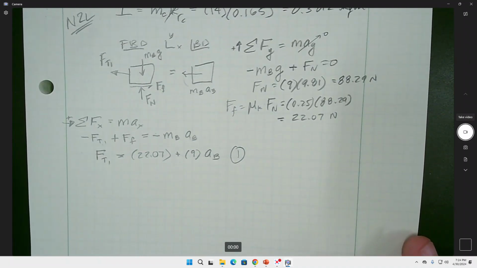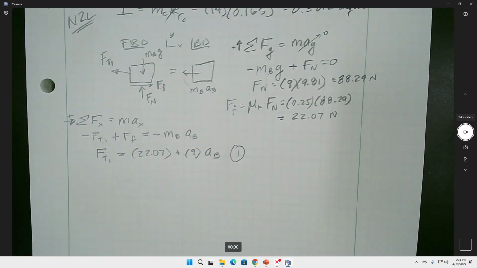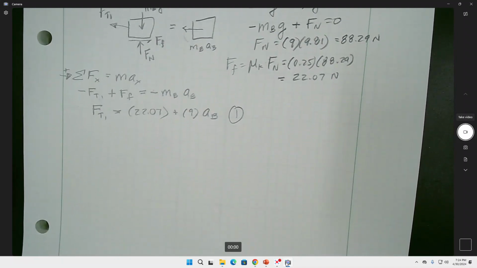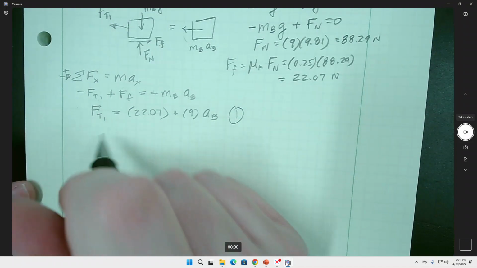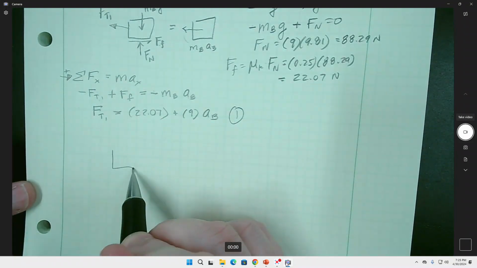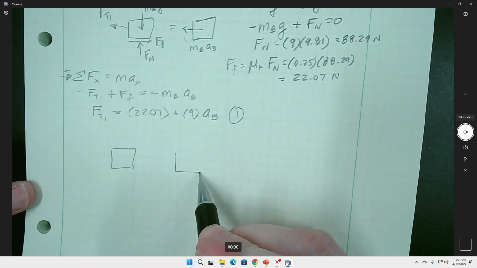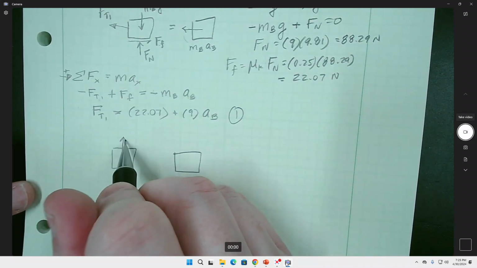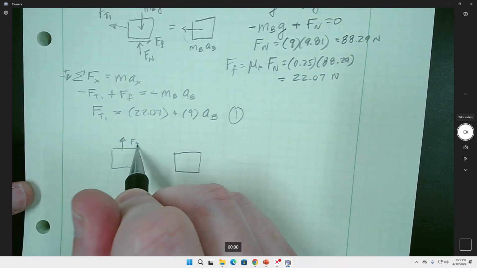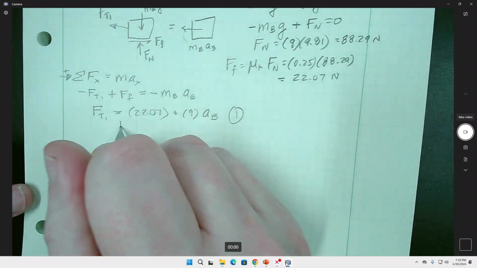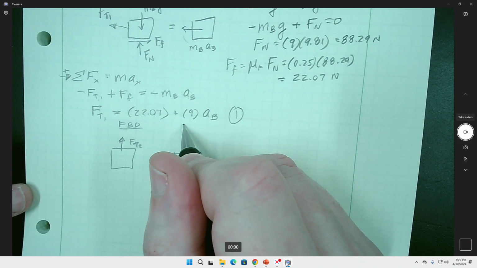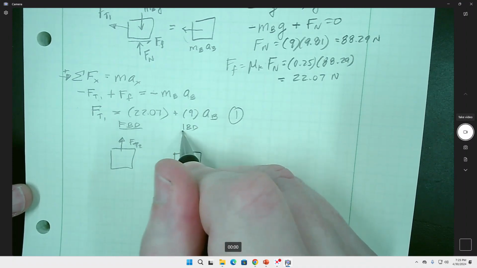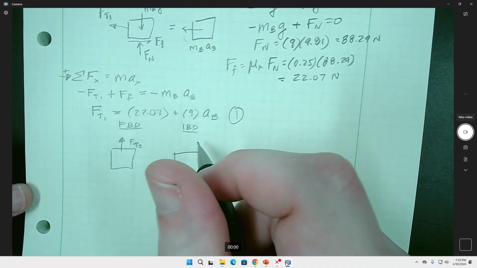And with this method, you're going to see it is so much more difficult than doing work and energy. We will now put the other box on here, and we're going to have an FT2. Recognize that it's not the same cable, so we don't want to mistakenly think otherwise.